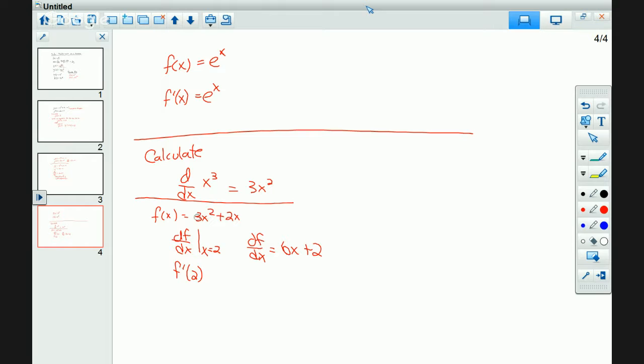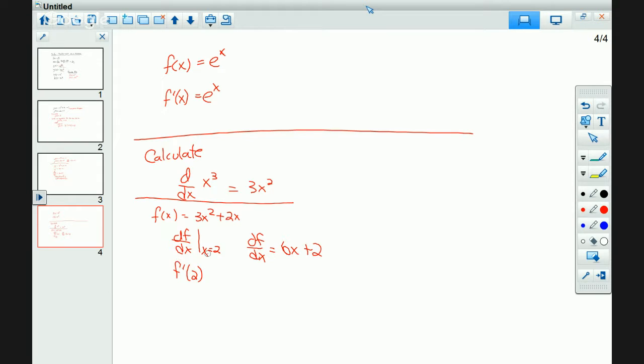Bring the 2 down. 3 times 2 is 6. Subtract 1. And then the derivative of 2x. So if you get a number in front here, just multiply it when you bring it down. It's one of the rules your book puts out formally.